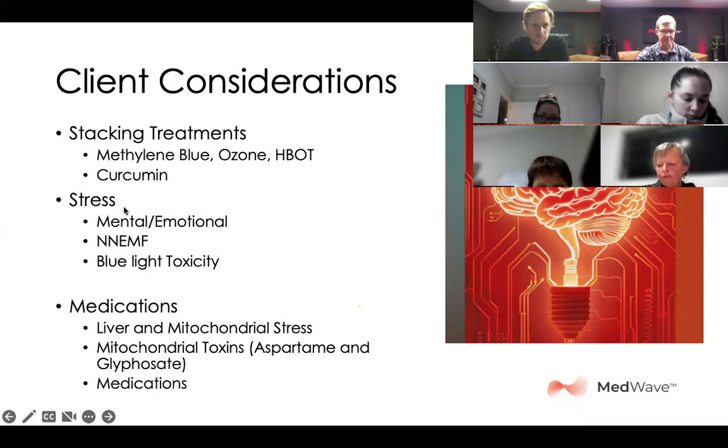And then the third aspect on this slide is just that there can be mitochondrial stress because of medications, exposure to pesticides, additives in food, artificial sweeteners, and with the tendency in South Africa to have the sugar tax, many soft drink manufacturers have just loaded products with artificial sweeteners.